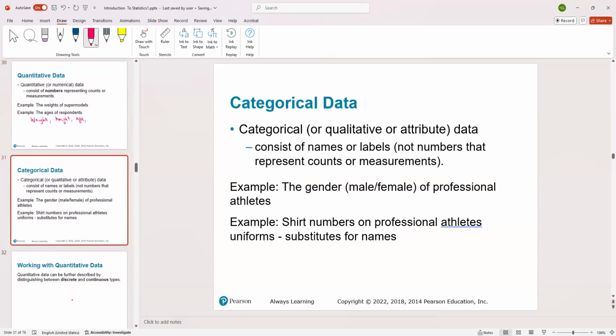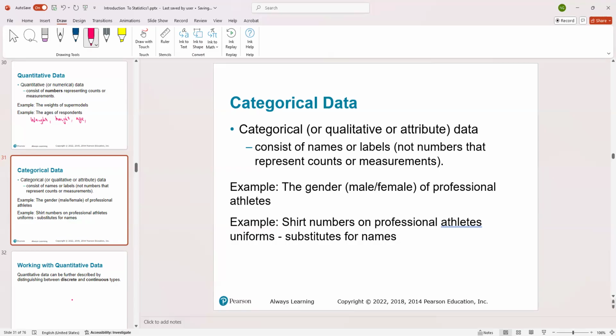But categorical data, or qualitative data, or attributes, consist of names or labels, not numbers that represent counts or measurements, right? For example, what is your gender: male, female, or transgender, however you want to identify yourself, but you cannot choose a number.